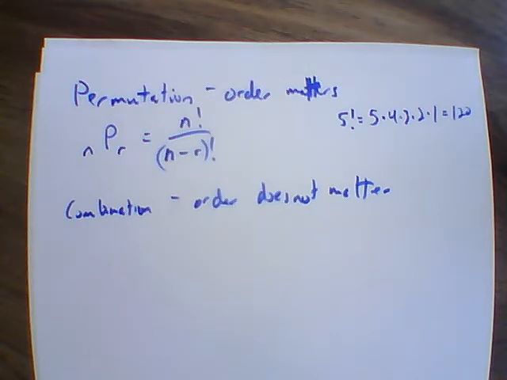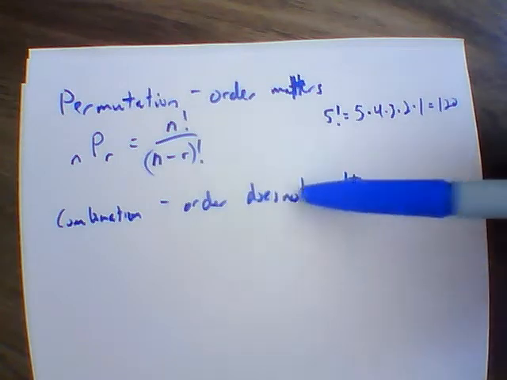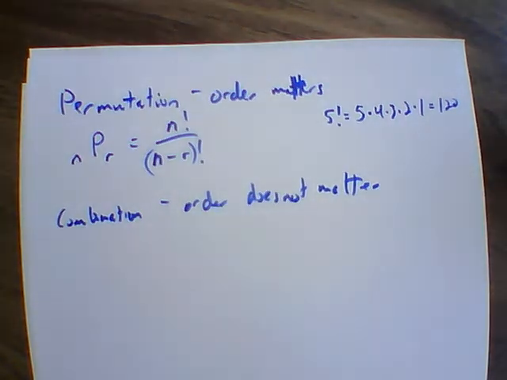For positions and playing rights, that's going to be a permutation, because that order will matter. Kind of like first place, second place, third place ribbons would be a permutation. But if the order isn't mattering, that's when we talk about a combination.